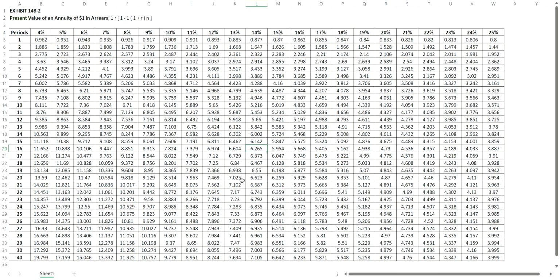So I'm going to bring that up now. We will look at 11%, our required return, and cross-reference with 5 periods for 5 years, the life of the machine. So our discount factor is 3.696. Okay, so I will go back to the problem.